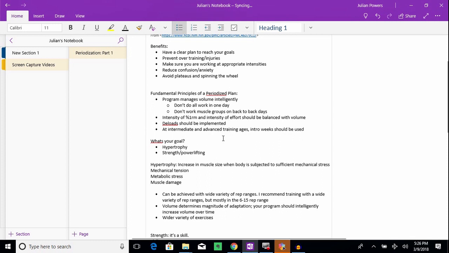The reason why you do this is due to the repeated bout effect. When you do an exercise day or program multiple days in a row for a few weeks, you've probably noticed, in a very simple way, think back to when you first started a workout program, the first week of that program that you did. Maybe you took a layoff and then you started working out again, or maybe it was the first time you've worked out ever in the gym.